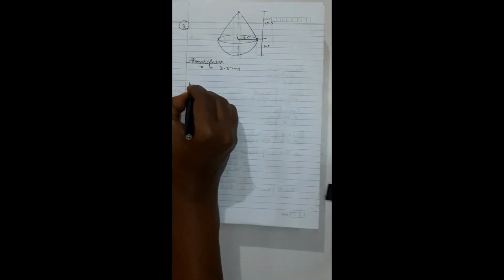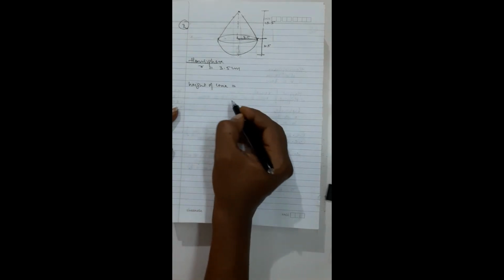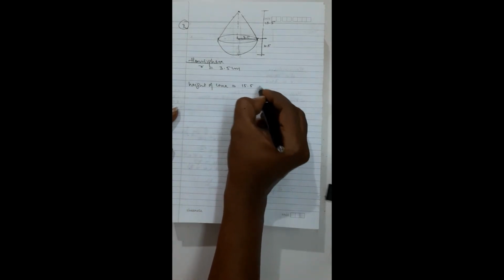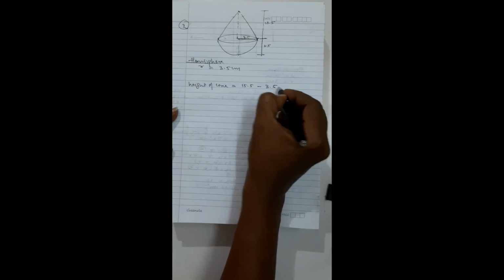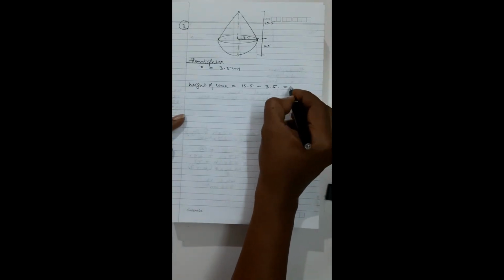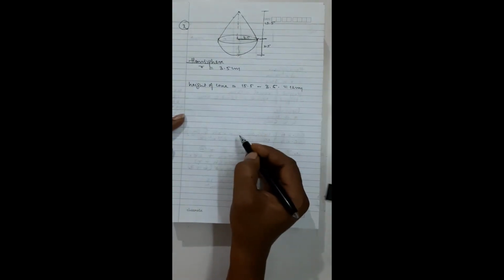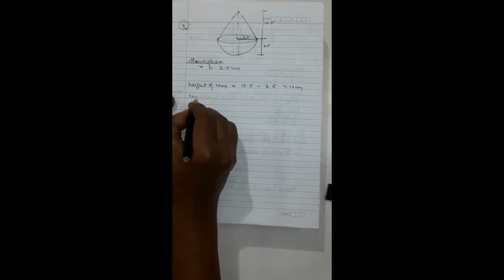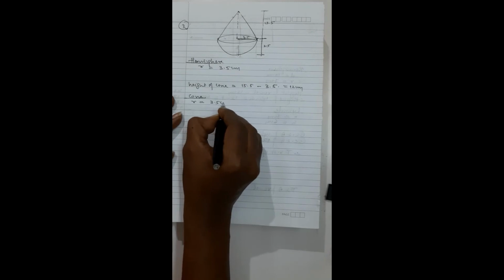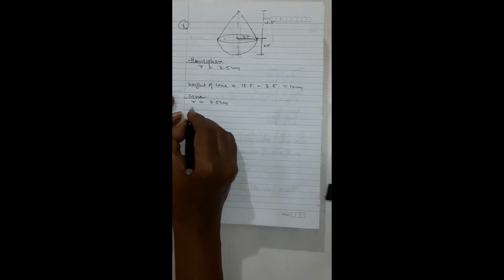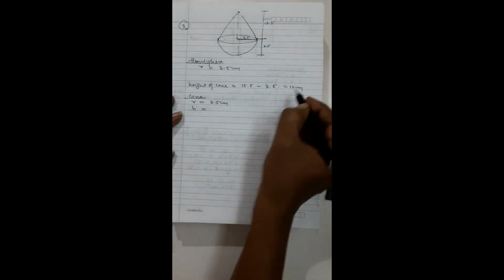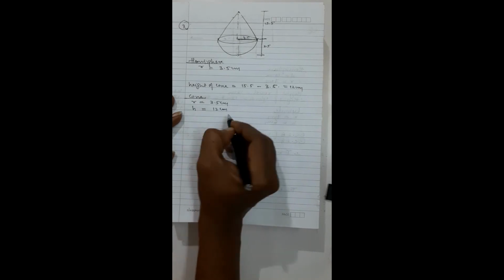Therefore height of cone will be equal to 15.5 minus 3.5, which is 12 centimeters. So for the cone, R is going to be the same, 3.5 centimeter. Height is the vertical height, 12 centimeter.